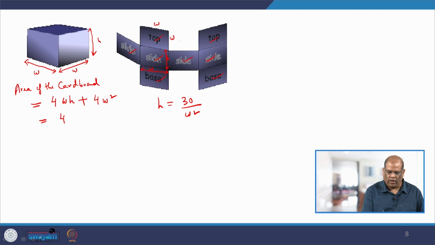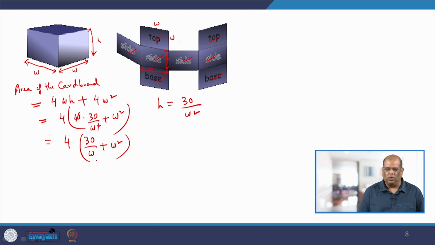This will be 4 times W into 30 by W square plus W square. So, I have taken 4 common, 1 W cancels and I get 4 times 30 by W plus W square. So, this gives me the area of the cardboard.